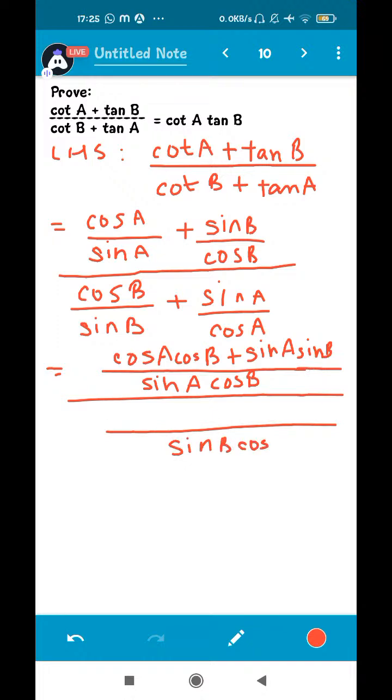Make sure you don't write it in a different way just with the intention of cancelling it out because it would be wrong.